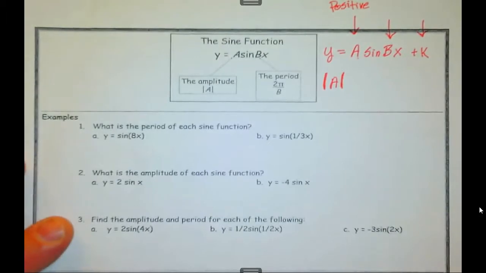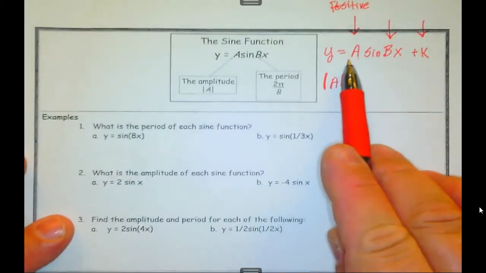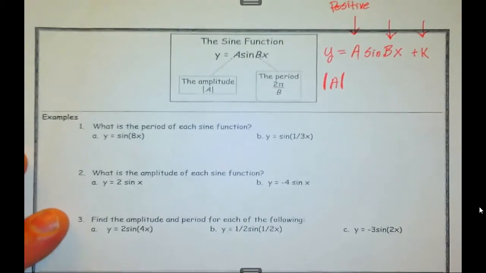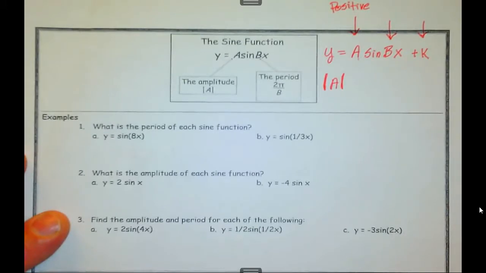Now, it doesn't mean our sine function can't have a negative a here. What happens when I have a negative sign out in front of any function?